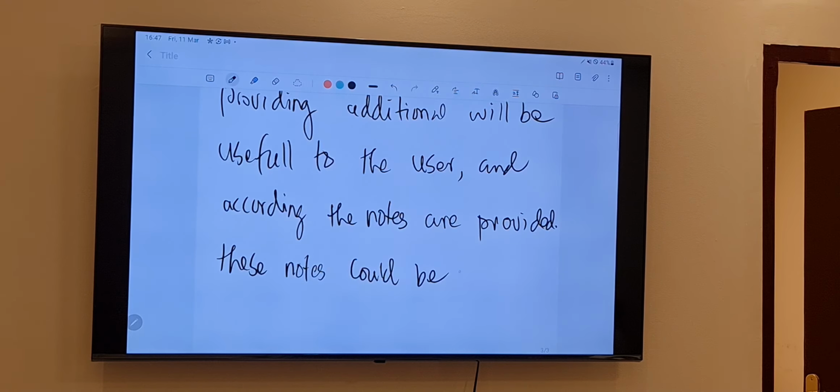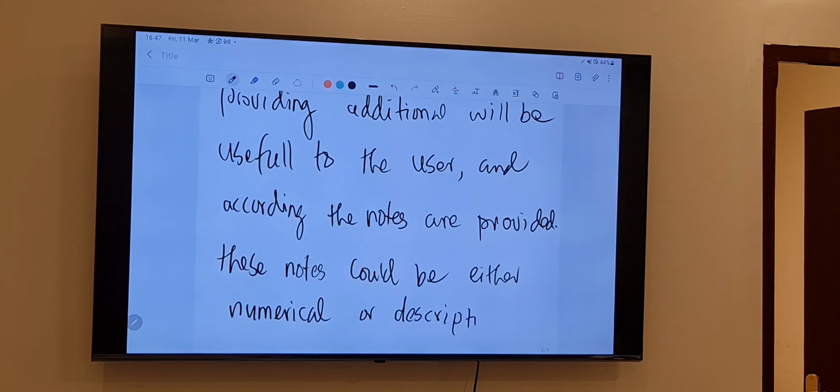These notes could be either numerical or descriptive. I hope you understood this.